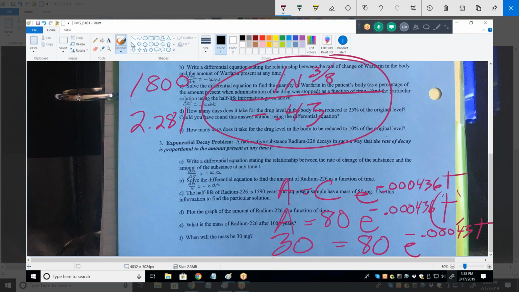I'm going to divide both sides by 80, so I'll have 3/8 on the left side, and I'm going to take the natural log of both sides, which is going to give me minus 0.00043t equals natural log of 3/8. So I made a mistake here. The time is the natural log of 3/8 divided by 0.00043.